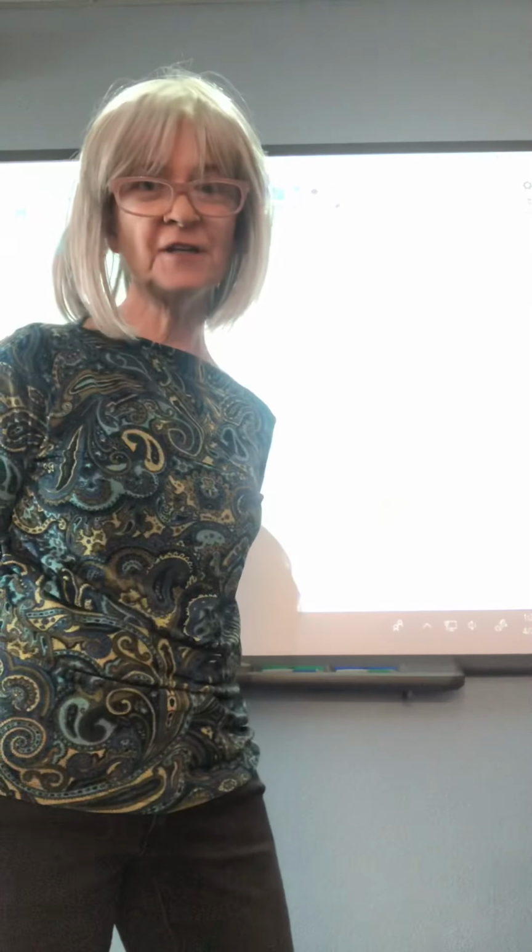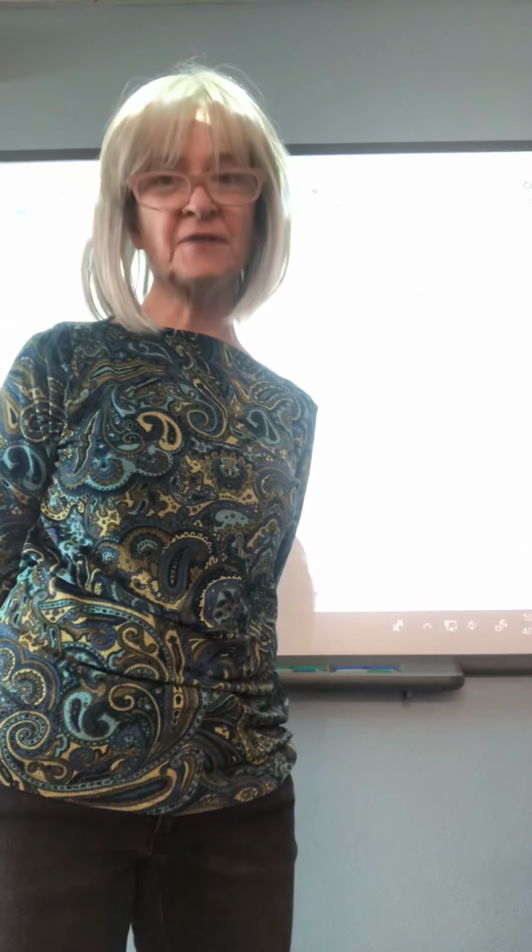In this particular video, we're going to be going over a couple of different sections in your book. So I'm going to tell you the page numbers now so that maybe you can mark them as we go.